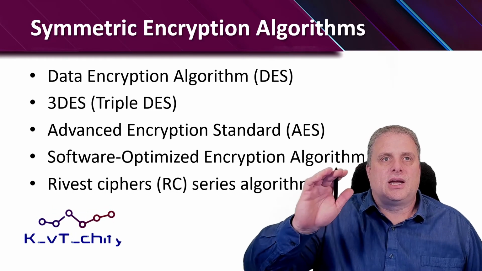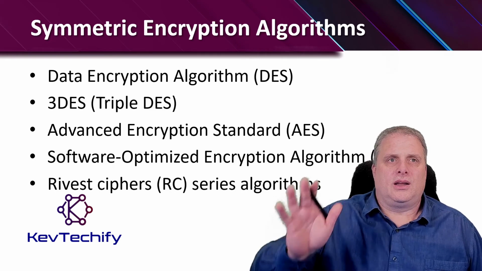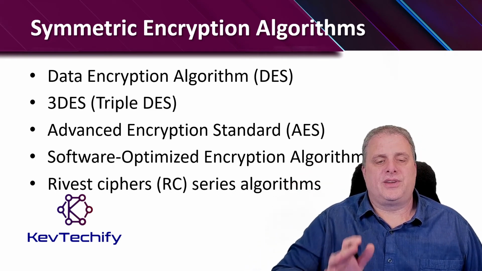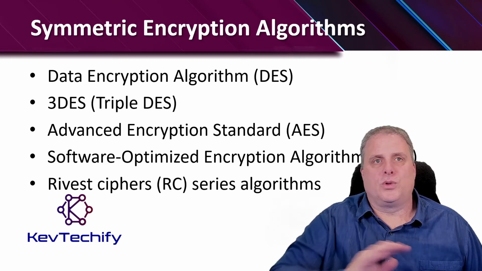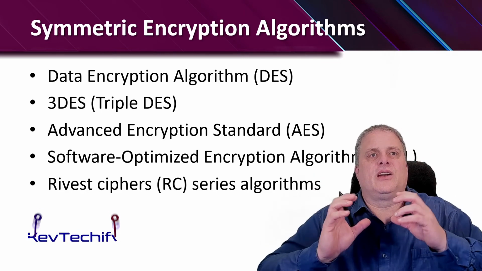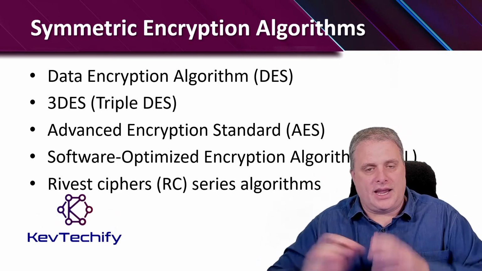Now, this algorithm has several variations, but RC4, Rivest Cipher 4, is the most prevalent. It uses a stream cipher and is used to secure web traffic and SSL and TLS data transfers.